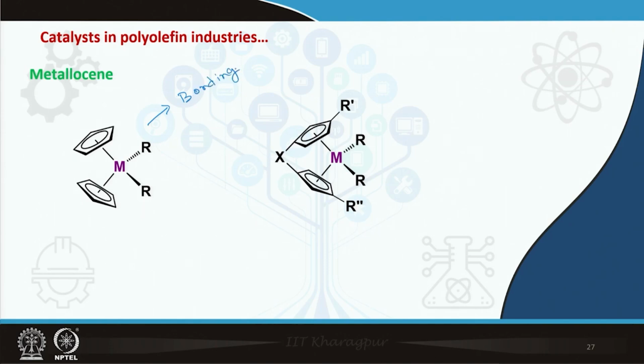Before going to the catalysis, we should understand the bonding, which orbitals are involved, and the structure, because as I told, by varying the structural parameters you can change the polymerization protocol, the reactivity, and obviously the design of the catalyst, the designing principle.